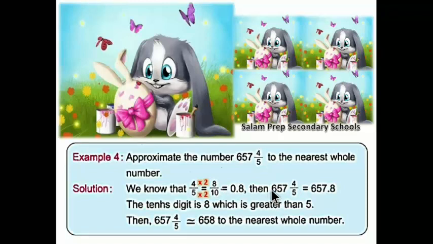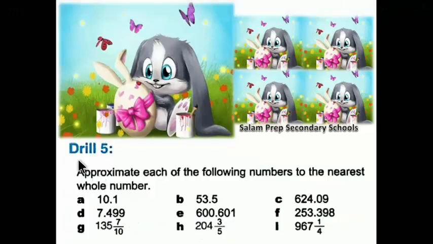Then 657 and 4/5 equal 657.8. The tenths digit is 8, is greater than 5. We will add 1 to digit 7 in units place. So 657 and 4/5 is approximated to the nearest whole number 658.